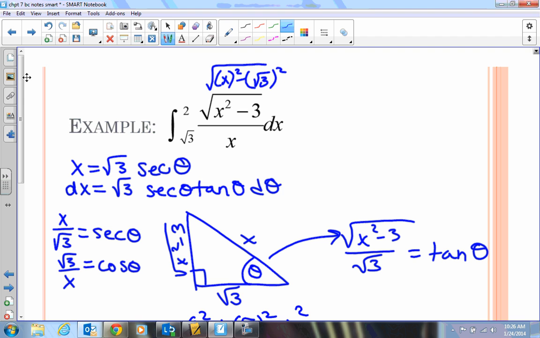So I used this information to solve for that radical. And now I can substitute that in. I find what the radical is equal to, and sub that in for the radical. Okay?